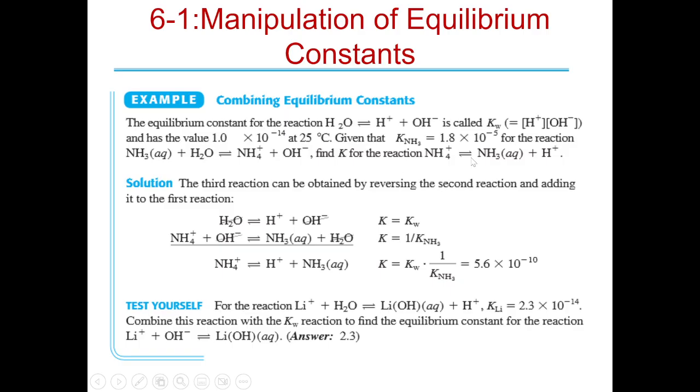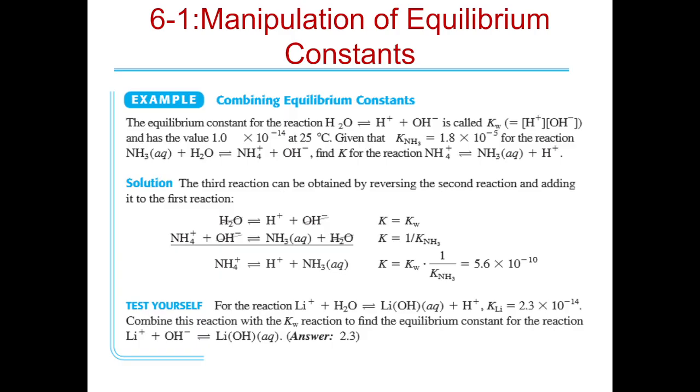And you find K for this reaction here. And so what do we have to do? Well, we can't just go from here to here, right? We have to go through water. And so we take water, we set it up so it's going to subtract off the parts we don't want for the base reaction, which is the one we have. And that will give us the acid reaction.